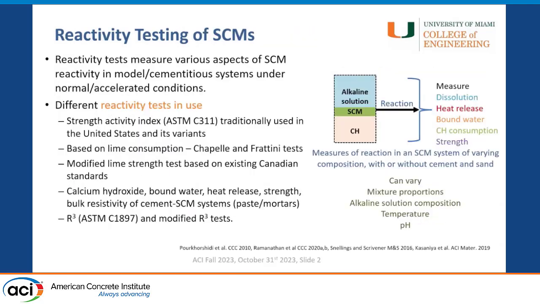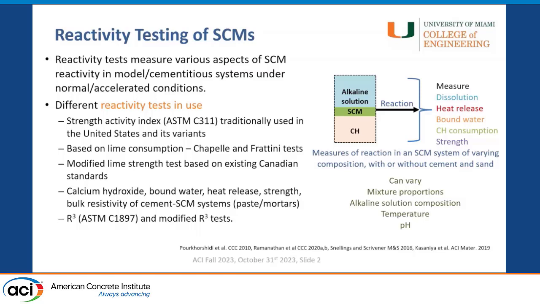So how do we know whether a material is reactive or not, and how do we know how much to use, right? For this, in the US and elsewhere in the world, there have been a number of reactivity tests that have been created, and in essence, all these reactivity tests do a few things. You basically have an environment with calcium hydroxide, supplementary cementitious materials, and an alkaline solution, and they're allowed to react, and you measure one or more of these parameters that are listed here.